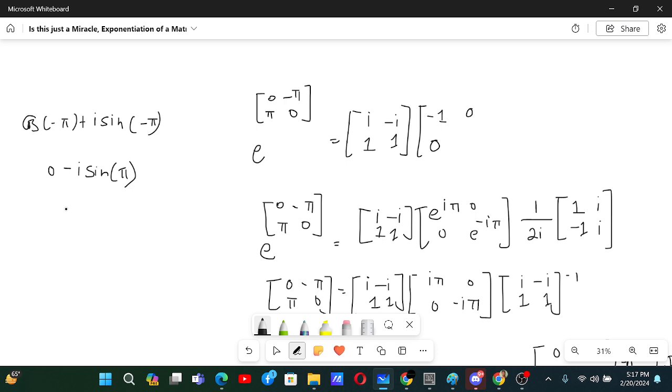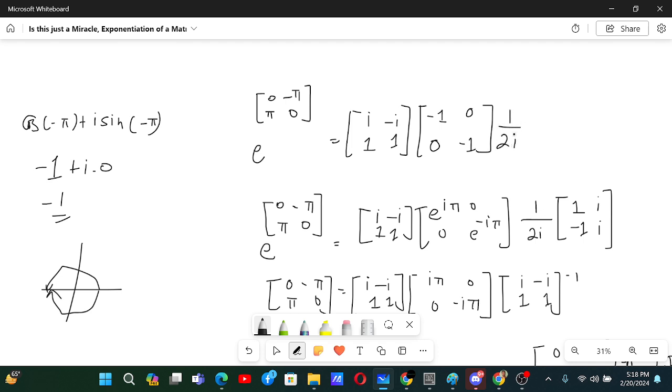Okay. It isn't really making sense to me though. Oh, sorry. Yeah, now it makes sense because sine of pi is just 0. So this is minus 1 plus i times 0, minus 1. Now it makes sense because earlier I was thinking in terms of rotation. Pi and minus pi both give minus 1, but how come it gets negated, something like that. Okay, fine, you know that this is also minus 1.